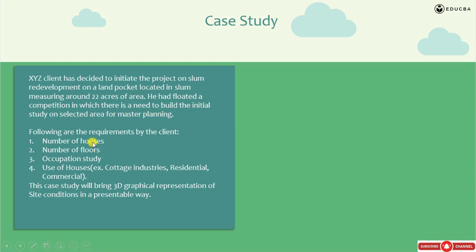The client had the following requirements: number of houses, number of floors, occupation study, use of houses like cottage industries, residential or commercial, basically what is going on in houses. So this case study will bring 3D graphical representation of site conditions in a presentable way.